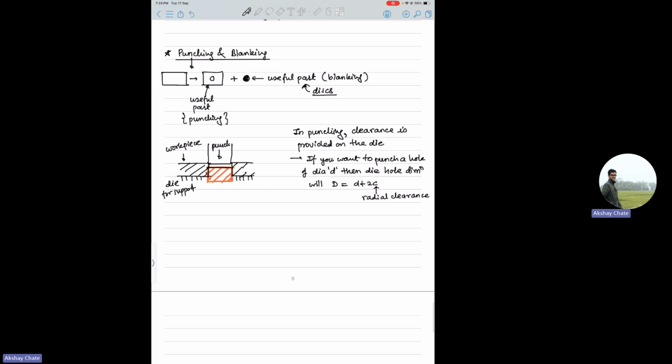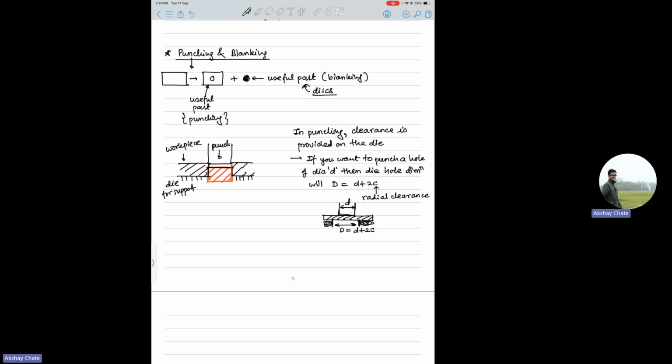So let's say you have this workpiece, and your punch diameter is equal to the hole diameter, this small d. Your die will be supporting the part, but you have to keep slightly extra clearance for punching.